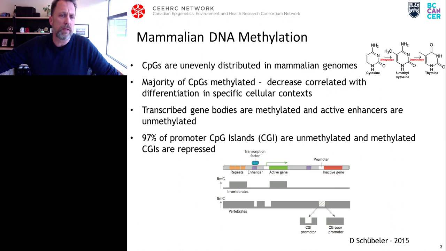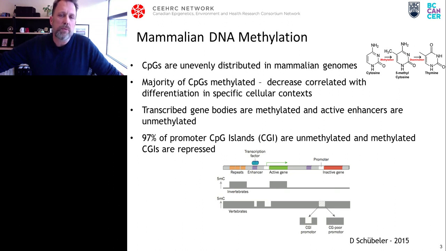So what we understand about DNA methylation today is that CpGs, as I mentioned, are the sequence within the mammalian genome that is methylated. CpGs are not randomly distributed in the genome; rather they're collected in areas that we call CpG islands or CpG-rich regions.